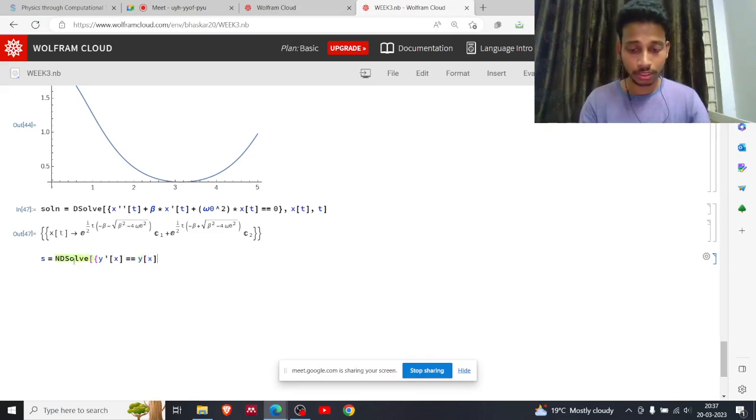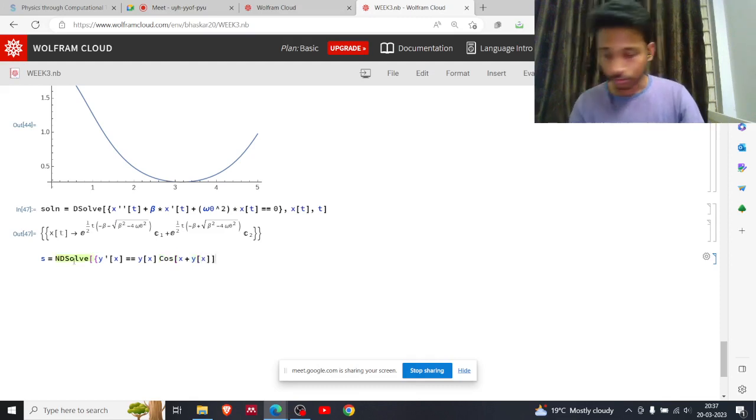So y[x], cos x plus y[x]. As you can see, this is not a very straightforward example, because it is like y dash x equal to y[x] cos of x plus y[x]. So this y[x] is already inside the cos, so solving this analytically may be troublesome.